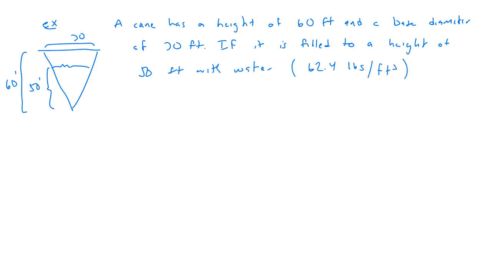If it is filled to a height of 50 feet with water, this time I won't have a platform or underground or anything, just a basic tank. So, height of 50 feet with water, find the work to drain it from the top, to empty it from the top.